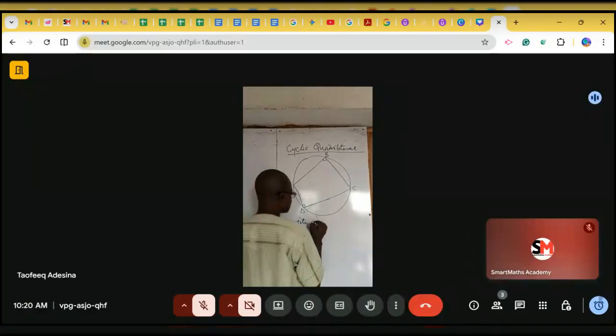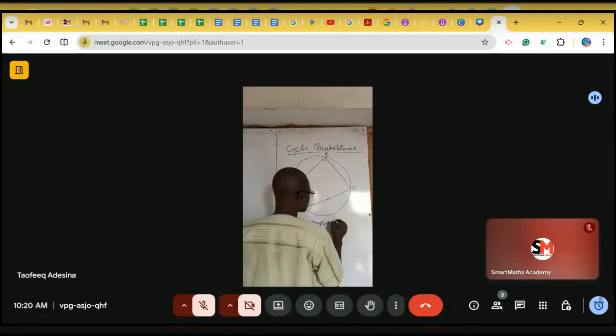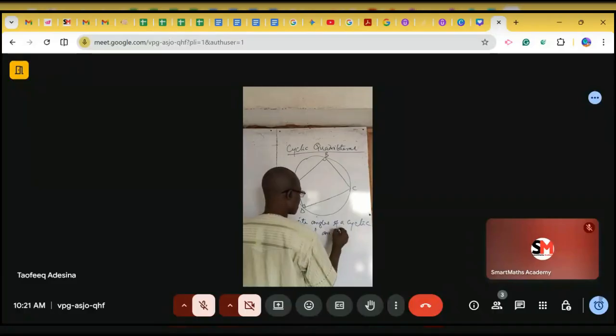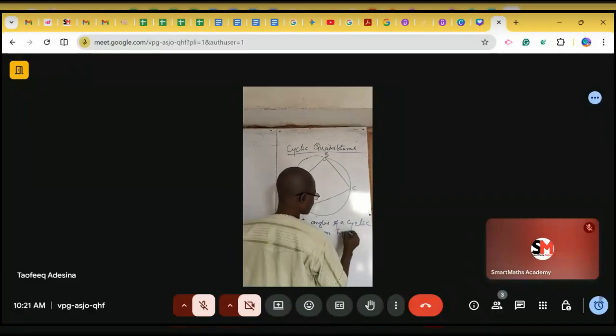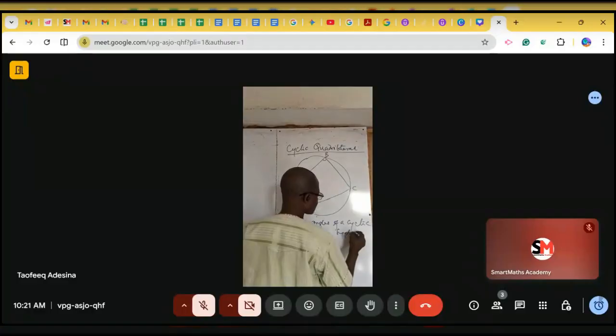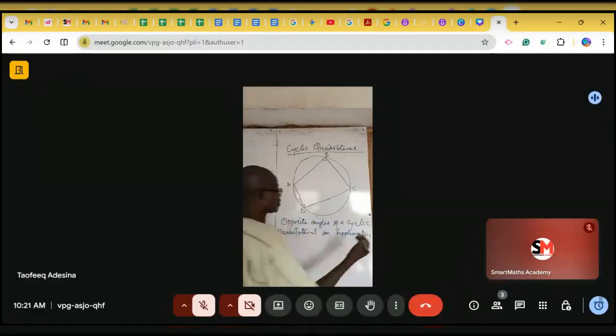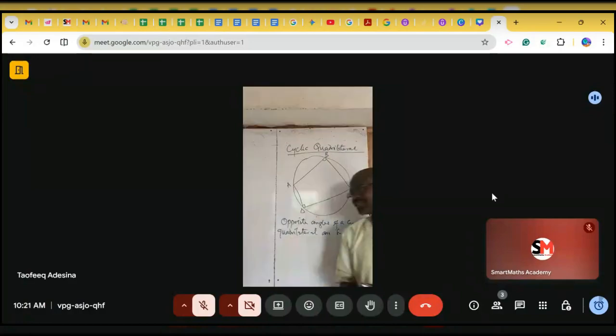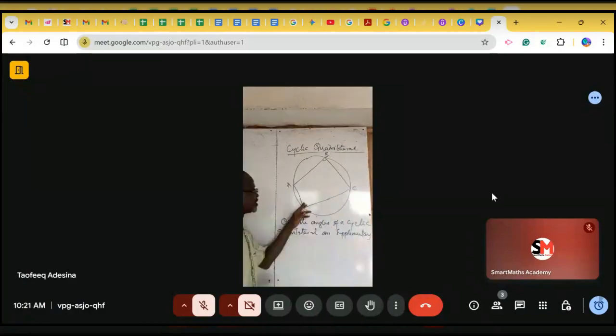Opposite angles of a cyclic quadrilateral are supplementary. That is, they add up to 180 degrees. And the clear example is on the board.